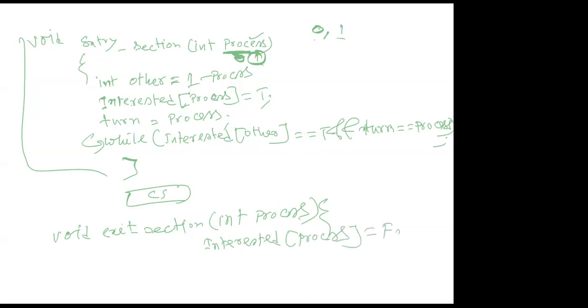So whichever process currently called this, it makes it false inside this exit section. It means that I completed my critical section, so I'm not interested in entering the critical section again.